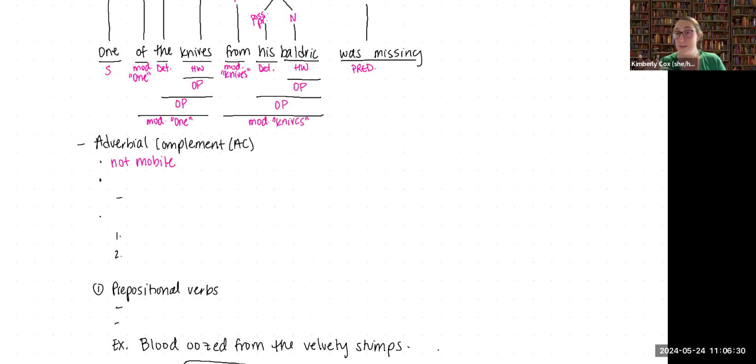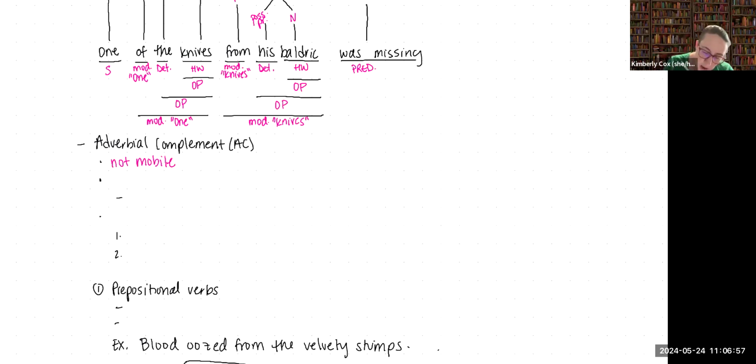One of the knives was missing from his baldric, but one from his baldric was missing of the knives would be really weird. So it is important to think about what it would mean to move prepositional phrases, because that will help us to determine how essential they are to the sentence itself. So an adverbial complement is not mobile.